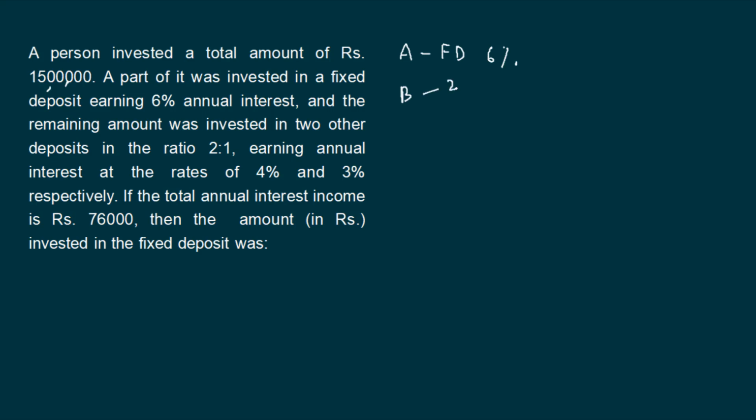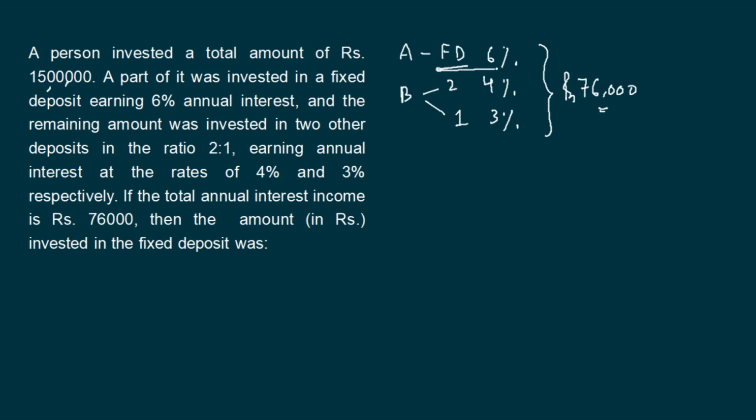Earning rates are 4% and 3% respectively. If the total annual interest income is 76,000, then the amount in rupees invested in the fixed deposit, we need to find this.